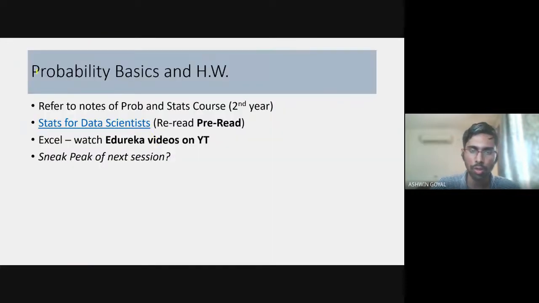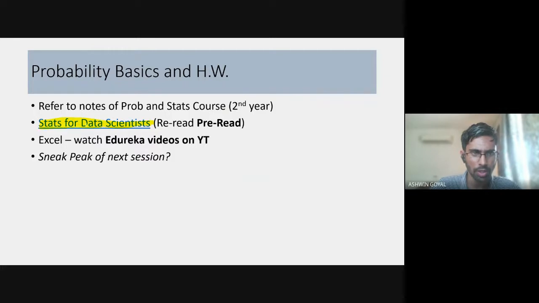Right. So I want you all to study probability basics yourself. First of all, this is not asked in interviews, or it is asked very rarely. Second, you might have made notes of a probability and statistics course in your second year, if you've studied the statistics course. Even commerce students might have a statistics course. Then we have this pre-read I've shared. You can read this. This is stats for data scientists.